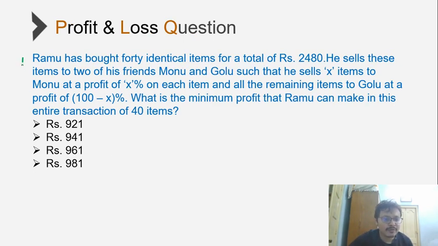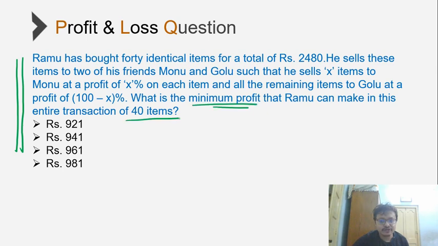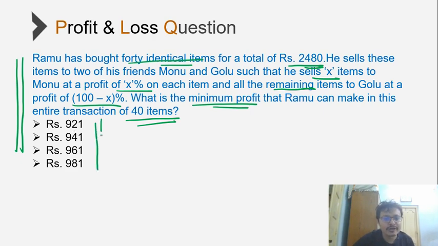The last question for today is as follows. Another challenging question that is talking about minimizing the profit across the transaction of 40 items. The cost price of the 40 items is 2480. So X items are sold at X% profit. Remaining items are sold at 100 minus X% profit. The question is talking about minimum profit.